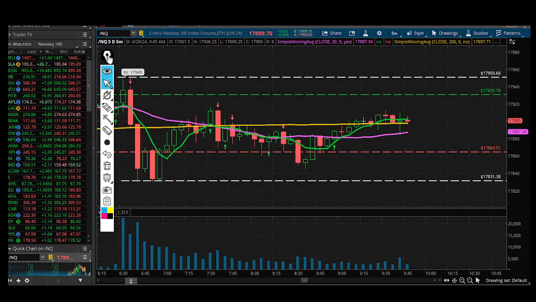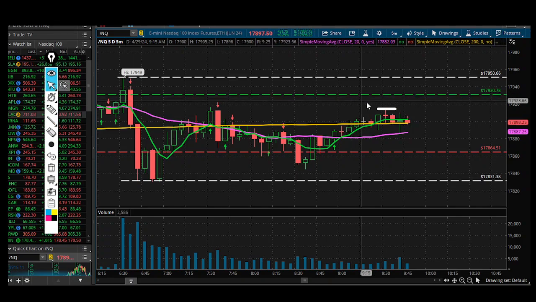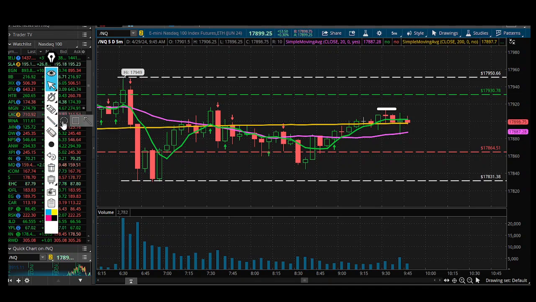So also, as I'm watching price, what I tend to do is start to mark out potential scenarios. For example, if the market takes out this previous swing high, I would need to see price break 17,913.